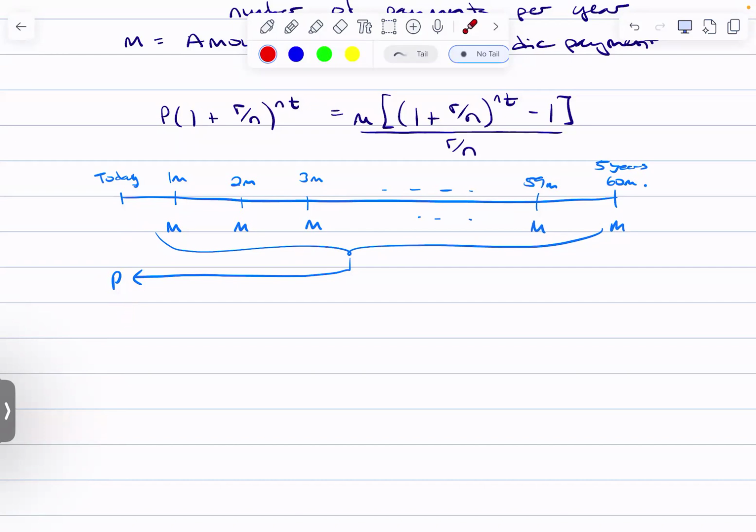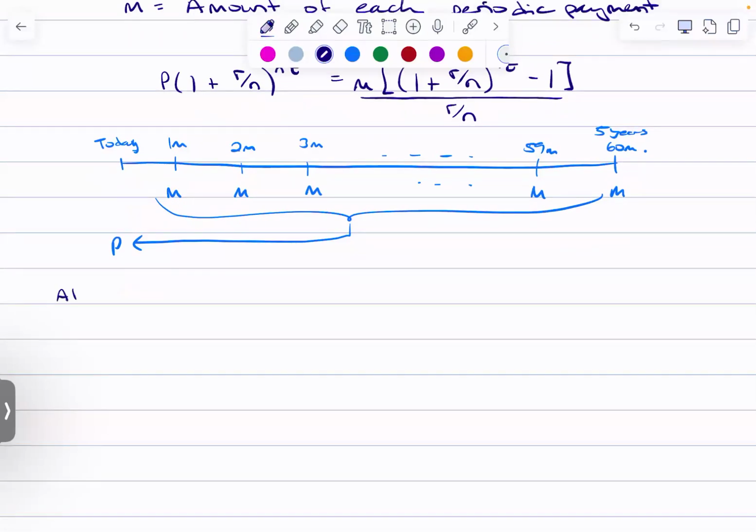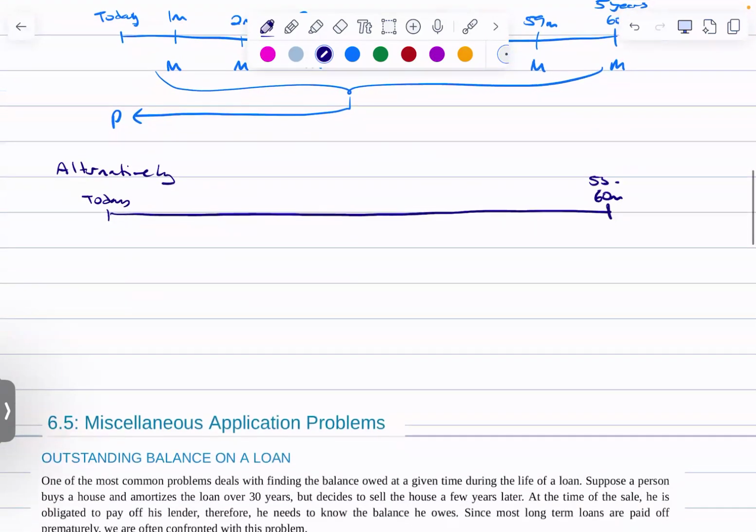But if we had an alternate scenario, alternatively, what if we're here today, and you've committed to paying for 60 months, but then, unbeknownst to you, 1 month, 2 months, 3 months, maybe 1 year later, you win big.